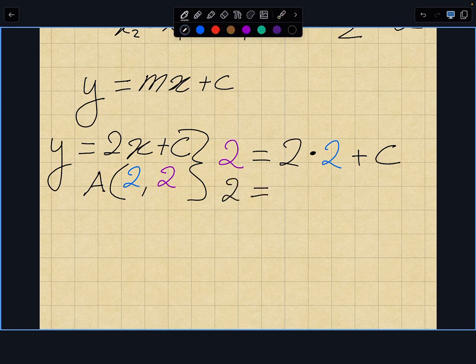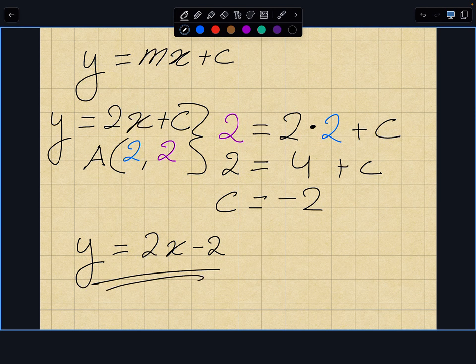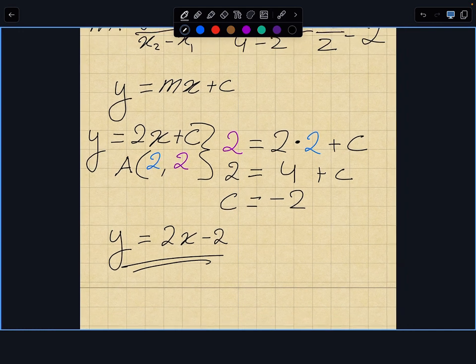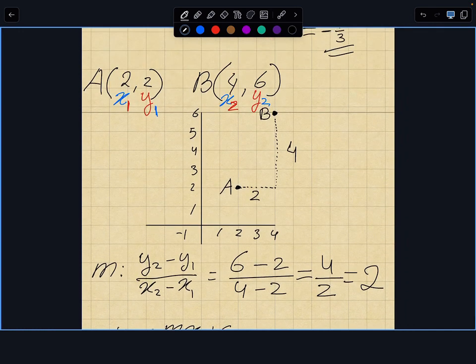So 2 equals 4 plus c. So 4 plus what equals 2? c is negative 2. This is how you find the equation that belongs to this exercise.